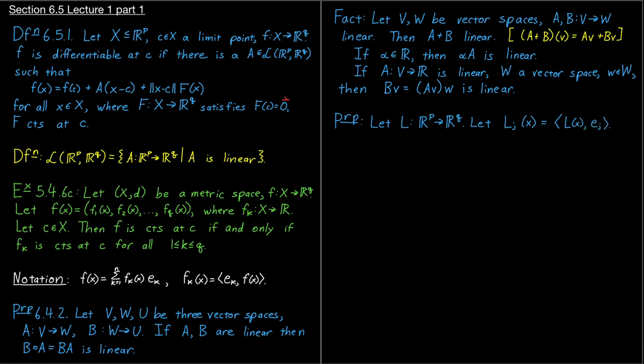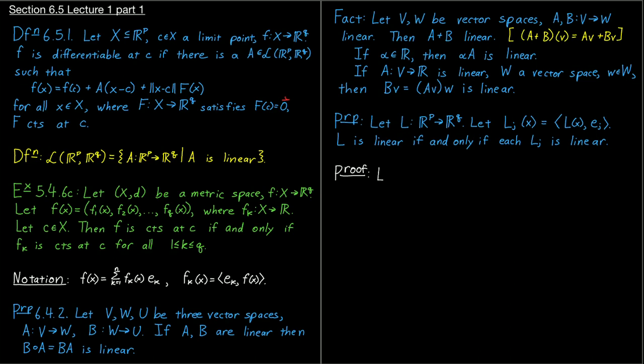So then each Lj is a function from Rp to the one-dimensional real numbers. Then L is linear if and only if all of the Lj's are linear. The proof's pretty straightforward, but I feel like I've been saying, oh, this is obvious an awful lot, so let's go ahead and write out the proof.